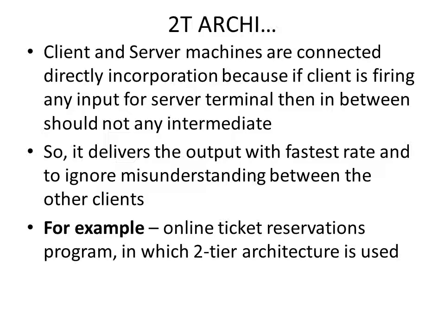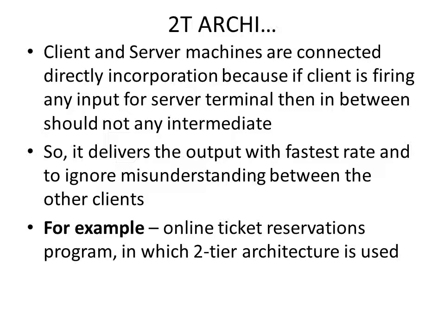Client and server machines are connected directly, because if the client is sending any input to the server terminal, there should not be any intermediate in between. So there should not be any intermediate between the client and server. It delivers the output at the fastest rate and avoids misunderstanding between the other clients.